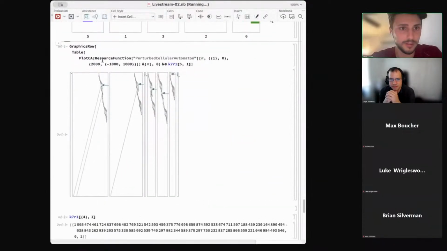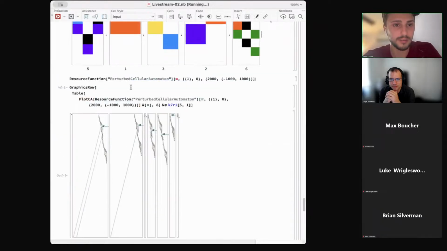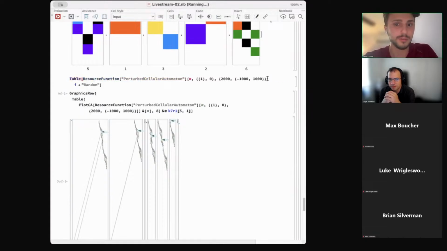And then we can write this code. So we want this, but we want to do it at successive steps. So it's going to be like this, a random table.